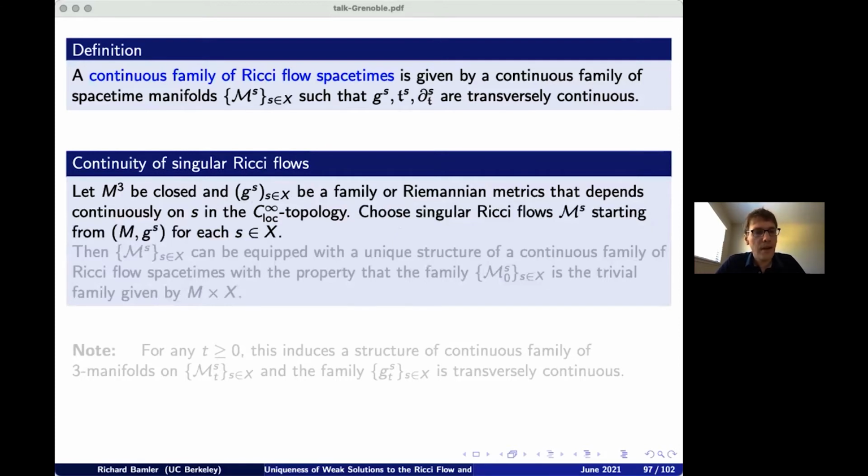Okay? Now then what we can do is, for every s, we can choose some singular Ricci flow starting from M, g_s. Okay? So we can do this uniquely up to isometry.